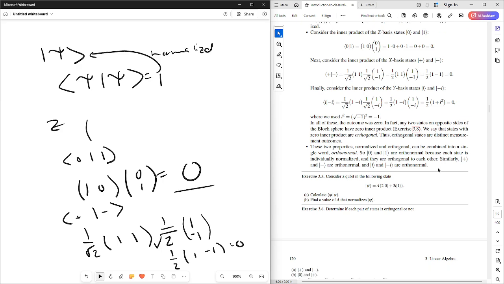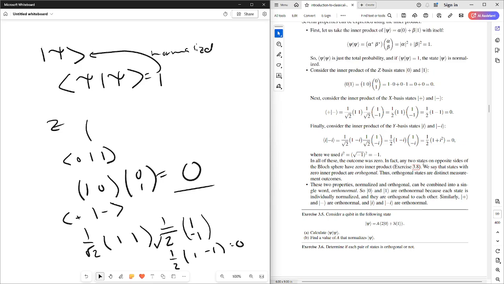So 0 and 1 are orthonormal because each state is individually normalized and they are orthogonal to each other. If we take two states and find that they're orthonormal in relation to each other, then we can use those as a basis.